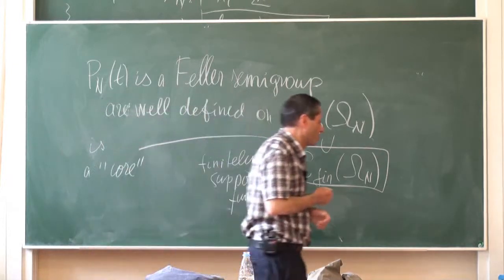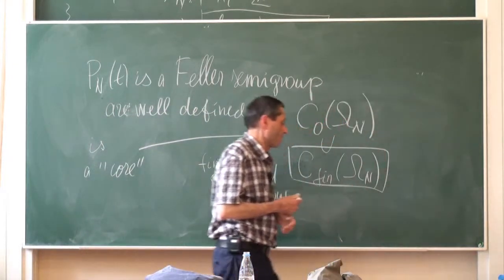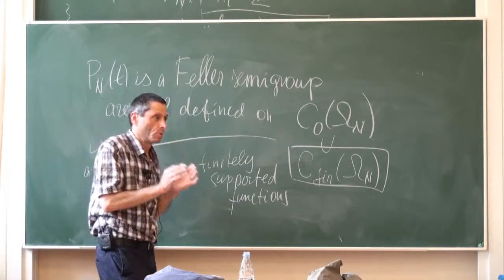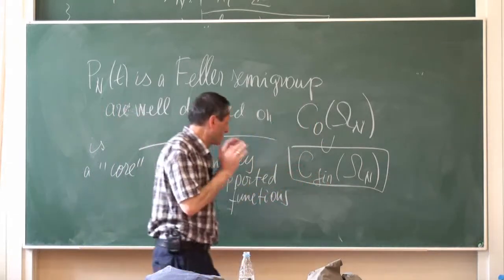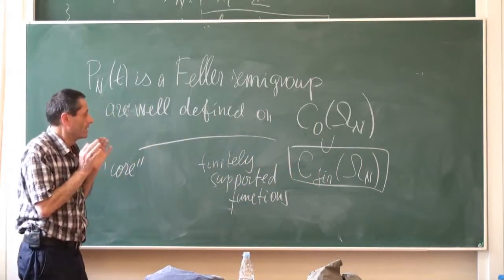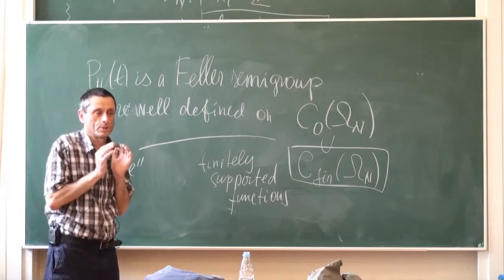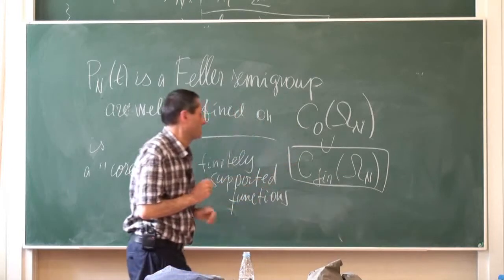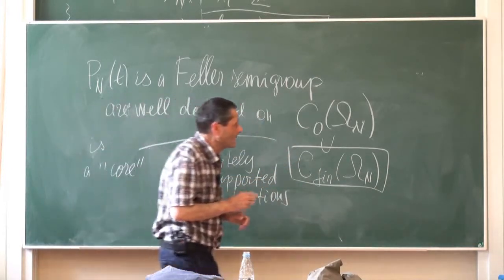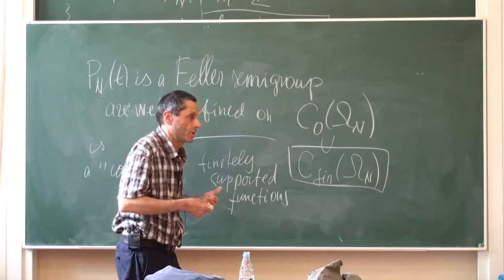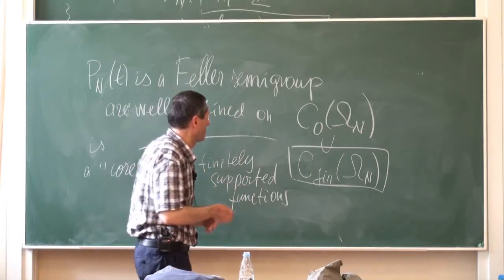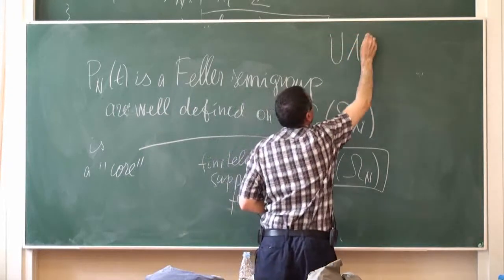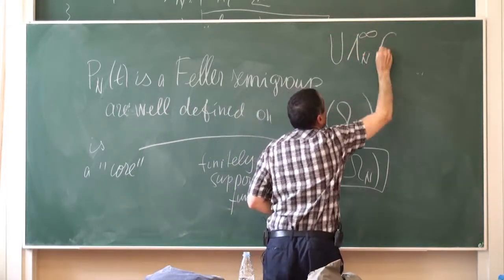Usually in such questions, it's difficult to describe the domain of a generator of a Banach space semigroup exactly, but it suffices to describe its restriction to an appropriate essential domain called the core. So we prove that this subspace is a core. And next we will prove that our future generator of the boundary semigroup is well defined on this space.